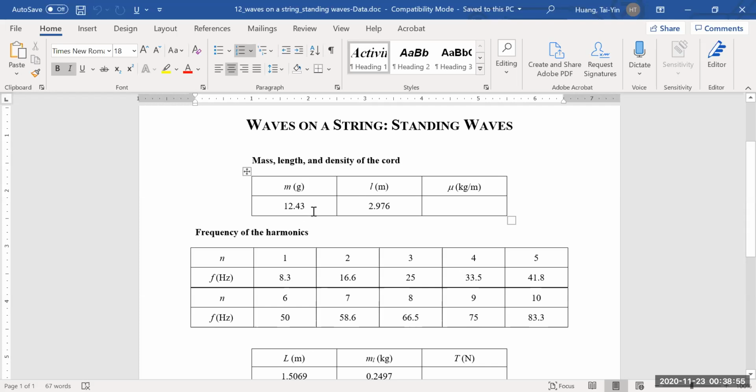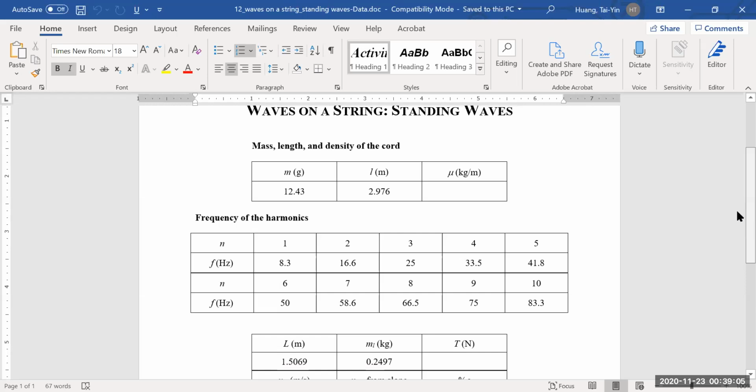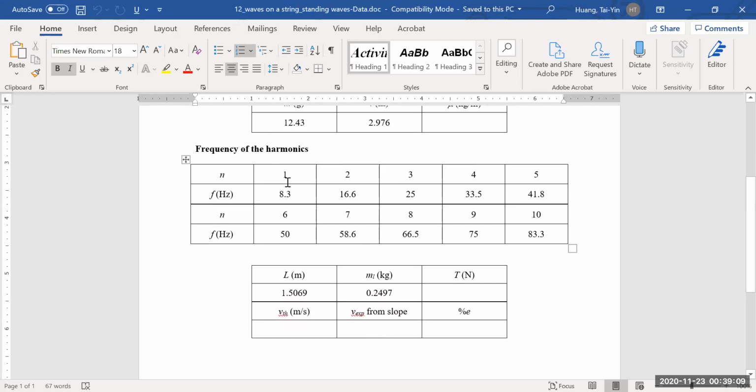You need to convert it to kilograms, and the length of the cord is 2.976 meters. Then you calculate mu by the equation I just mentioned, which is m over l. And then the frequencies: when n equals 1, the frequency for the first harmonic is 8.3 hertz, and the second harmonic is 16.6, and so forth.